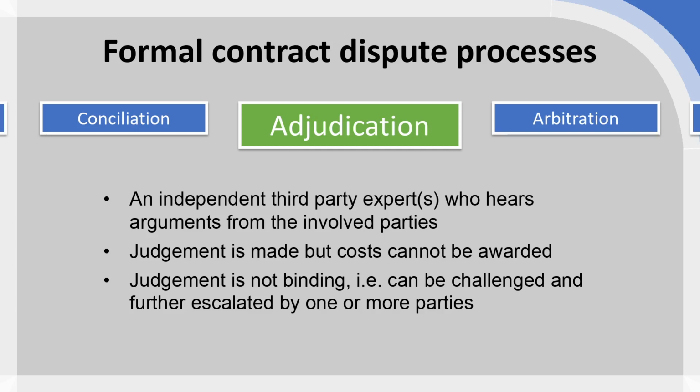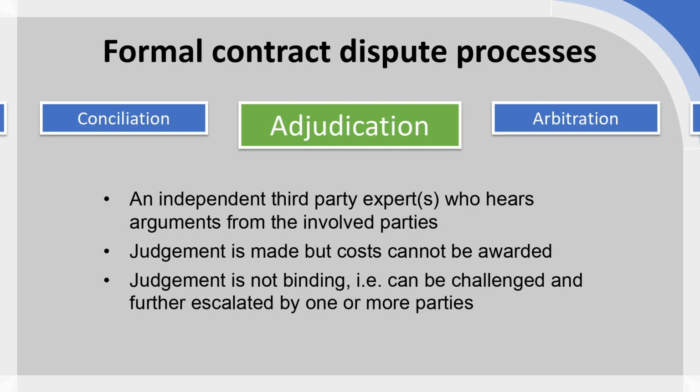So with adjudication and arbitration, we're not just involving someone to assist us or to make suggestions or to reduce tempers, but to make a judgment. So to hear the dispute and find a solution, and to essentially pass judgment in order to impose a solution, although the word impose is one of the key differences between the two.